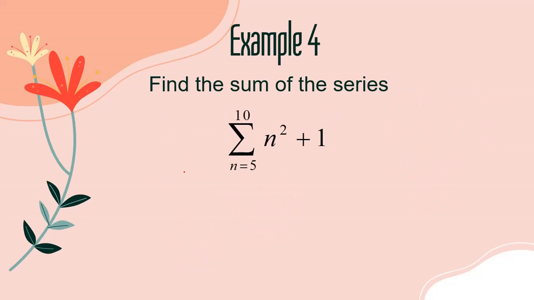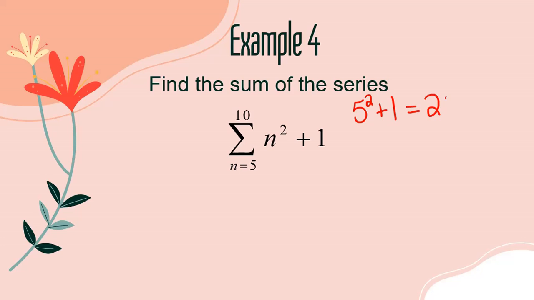Now, let's find the sum of the series. This is the easier side of today because literally, guys, you're plugging numbers in. So I'm starting my sum. My series is starting at 5. That's my lower limit. And I'm going up to 10. So I'm going to just write it out. I got 5 squared plus 1.